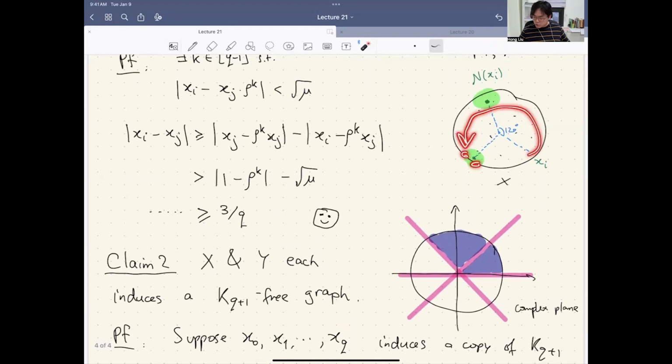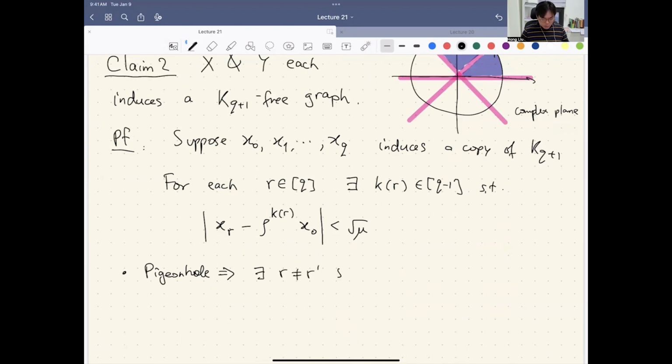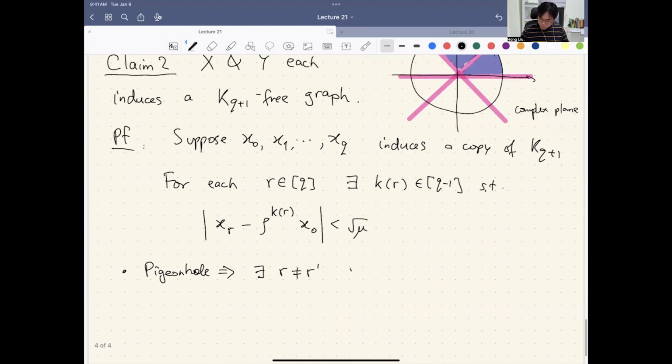So this pigeonhole implies there exist r not equal to r' in Q such that k_r equals k_r'. That's what it means, right?